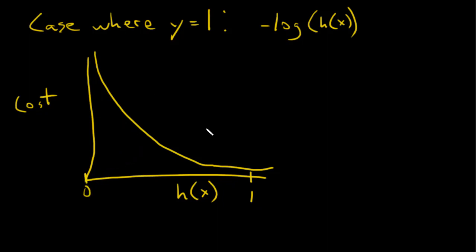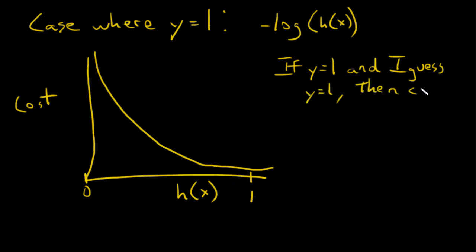So what this says is, with this function, if y is actually equal to 1, and I guess 1, then I'm going to have a very low cost. As a matter of fact, it will be near 0, because it would be located right here.